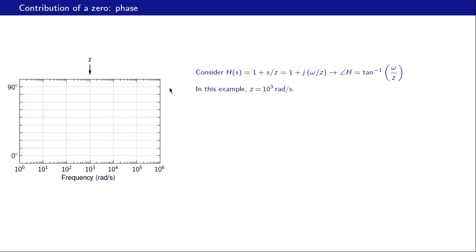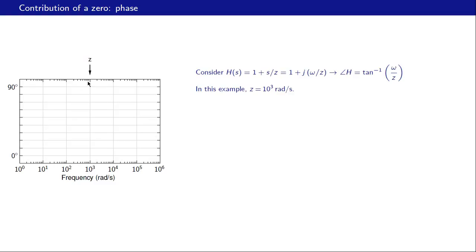Let us now look at the phase plot for the same H of s, 1 plus s by z, that is 1 plus j omega by z, which gives us the angle as tan inverse omega by z. And once again we will take the same value of z, that is 10 raised to 3 radians per second. The frequency is on a logarithmic axis and the phase is on a linear axis.